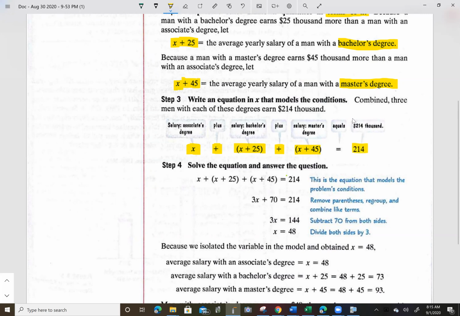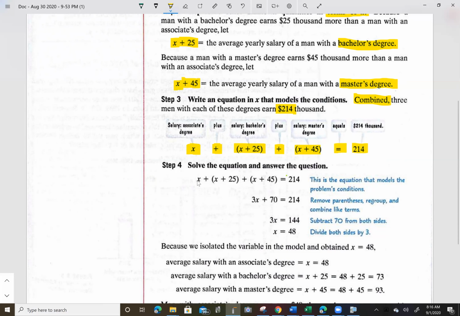In the word problem, it said combined, which means to add up. 3 men with each of these degrees earn $214,000. So they used the word earn as the equals sign. Okay. And then they just solved this equation.